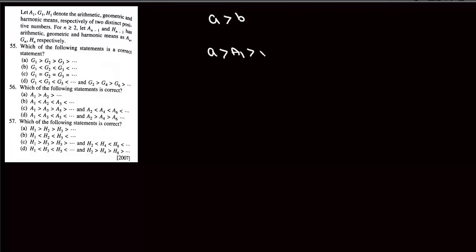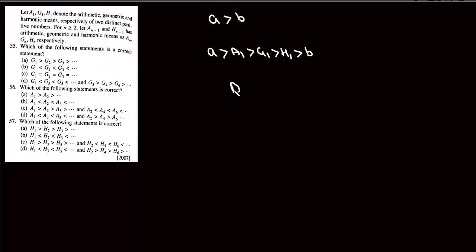Here the question is, let A1, G1, H1 denote the arithmetic, geometric and harmonic means respectively of two distinct positive numbers. So let the two numbers be A and B such that A is greater than B. Now we know that AM, GM and HM lie between the two numbers, and their arithmetic mean will be greater than their geometric mean and greater than their harmonic mean and greater than B. Now it says, let A(n-1) and H(n-1) have arithmetic, geometric and harmonic means as An, Gn and Hn.